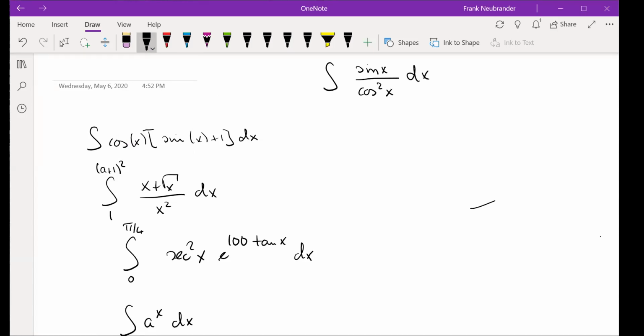Now, how would you compute this? There are many ways you can go wrong. Let me write one of the ways. That would be what I call algebra. You try to rewrite it.